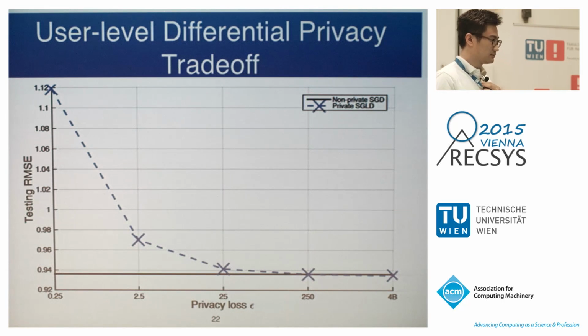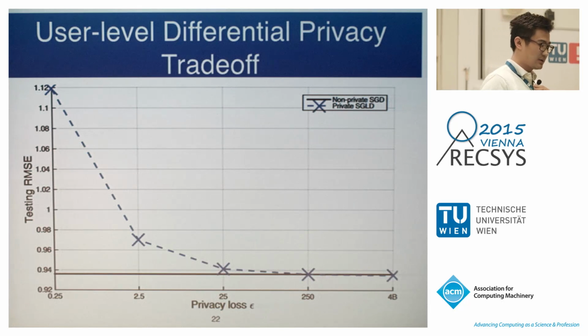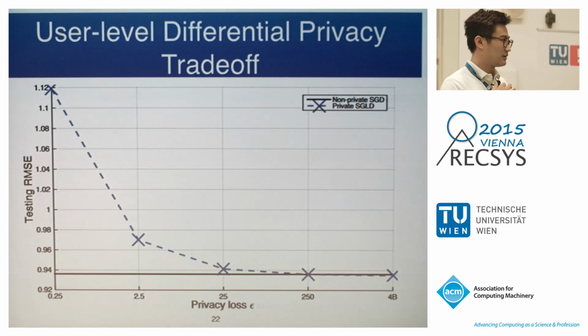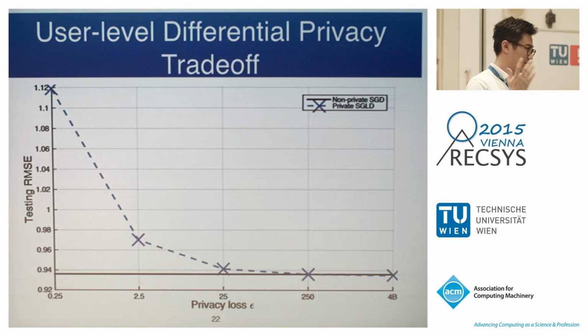In this case, because user-level differential privacy is much more difficult than rating-level privacy, I think 2.5 is also an okay result for systems that want user-level privacy, which is very strong because it can prevent the linkage attack.